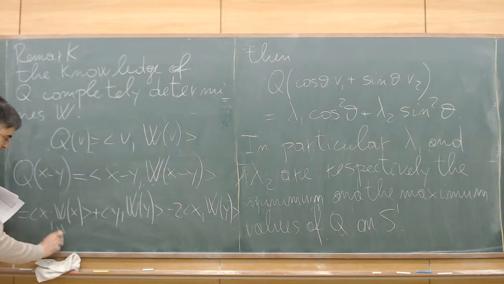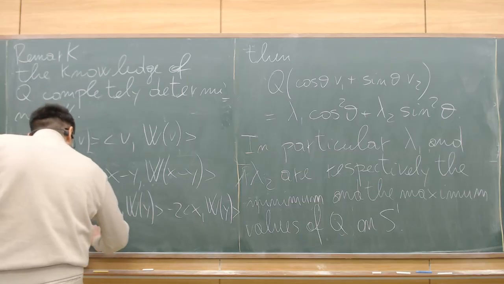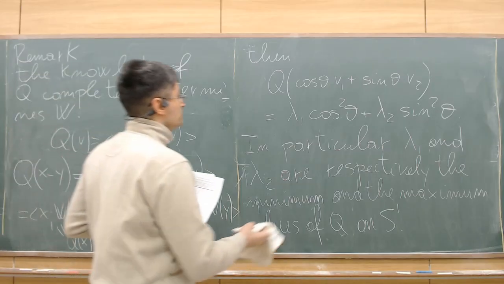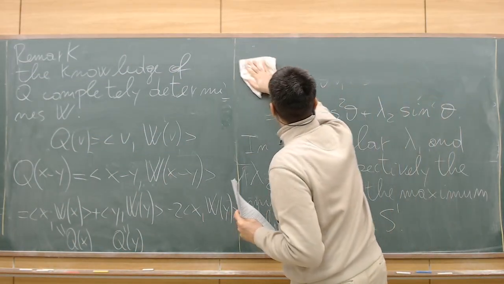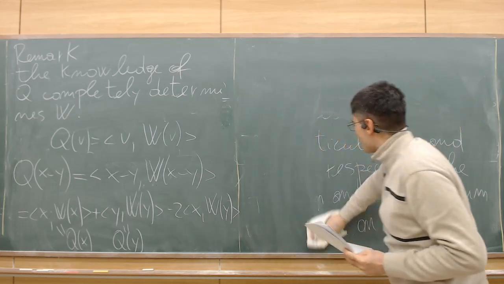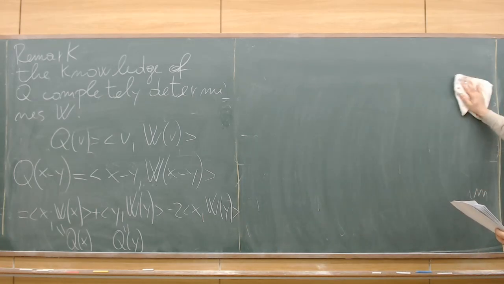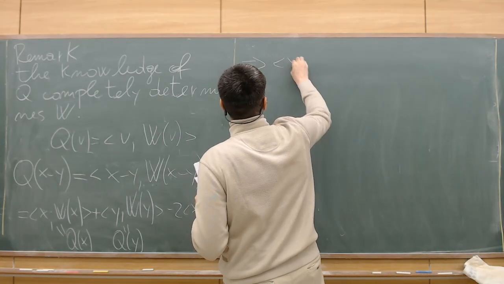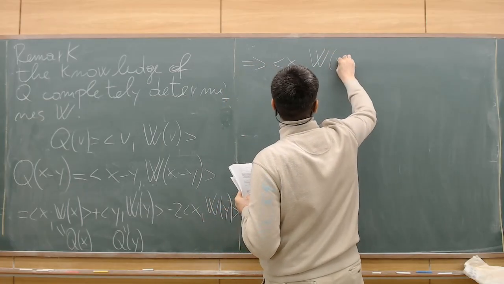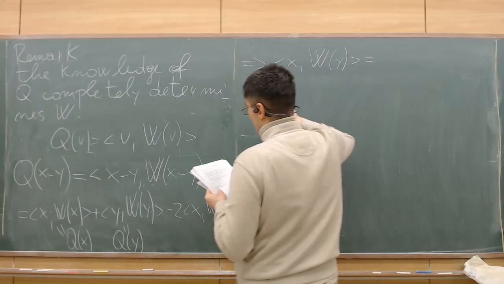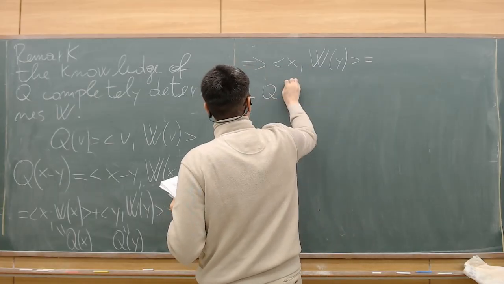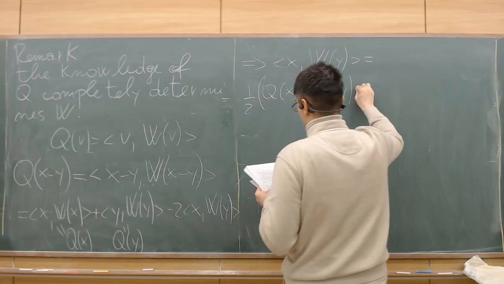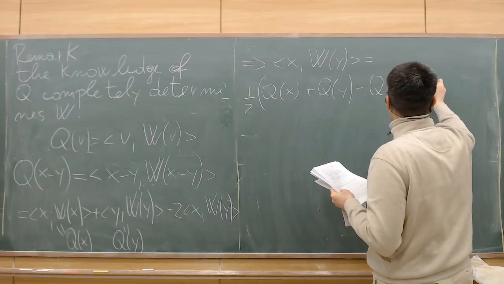But this is Q of x, this is Q of y, consequently you have that x, Wy is given by 1/2 of Q of x plus Q of y minus Q of x minus y.